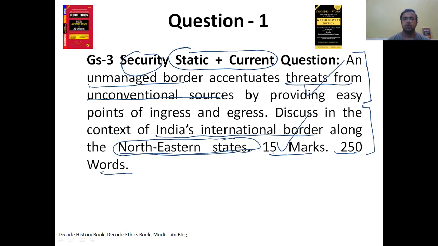So if you are aware of the countries with which we share border, like Myanmar or Bhutan or China or Bangladesh, you can divide your question in 3 or 4 subparts according to the name of country. So you can also include Nepal, China, Bhutan, Bangladesh, Myanmar.